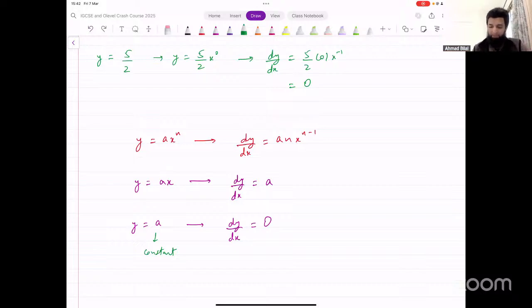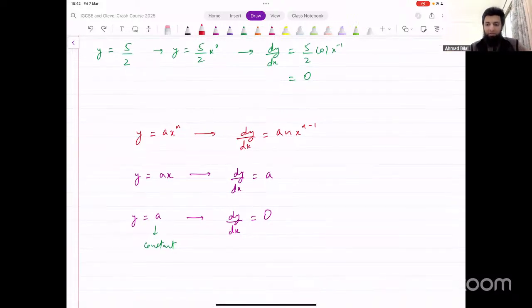Okay. Now that's what you need to remember, this rule, how to find the derivative of any function. You multiply by the power and you subtract 1 from the power. That's the rule that you have to apply here.